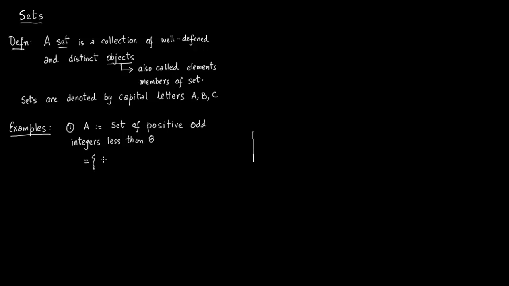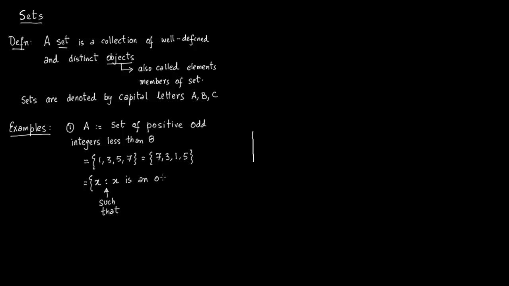We are talking about positive integers which are less than 8 but are odd. So positive integers less than 8 are 0, 1, 2, 3, 4, 5, 6, 7. And we just take odd numbers out of them, and odd numbers are 1, 3, 5, 7. It does not matter how we write the set. You can write it as 1, 3, 5, 7 or 7, 3, 1, 5. The order in which you write the elements does not matter. So you have a set which is {1, 3, 5, 7}, and it has elements 1, 3, 5, 7.